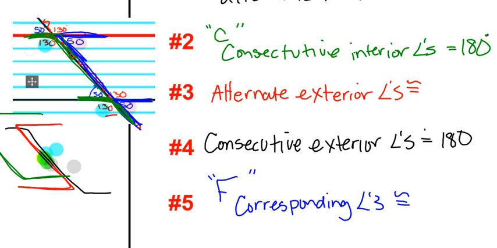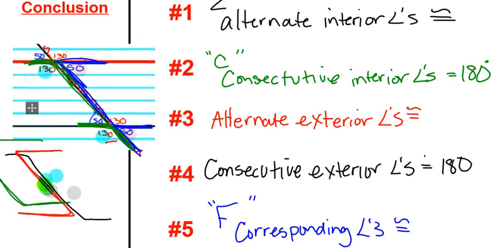So these are the relationships that you need to make sure that you know. These are for sure things that you're going to see on the test. So I'm going to mark this guy right here, study for the test, make sure that you know all of those.